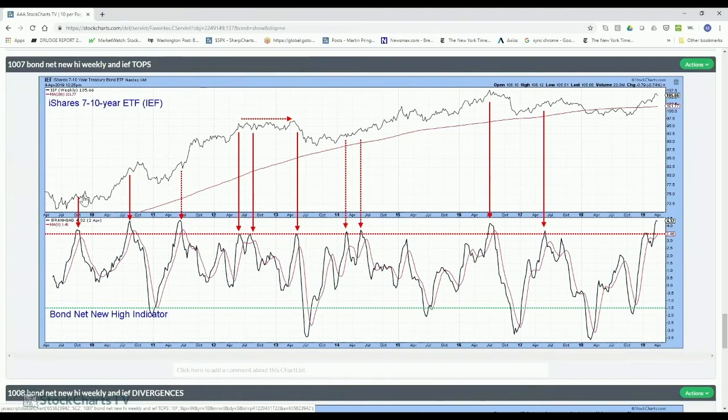In other words, this is a bull market we're seeing here, and these sell signals were short-term sell signals under the context of a bull market. And when that happens, that's the time when you tend to get your failures.